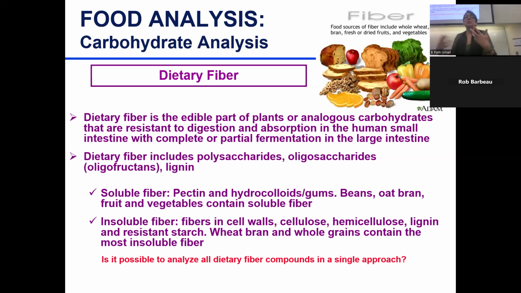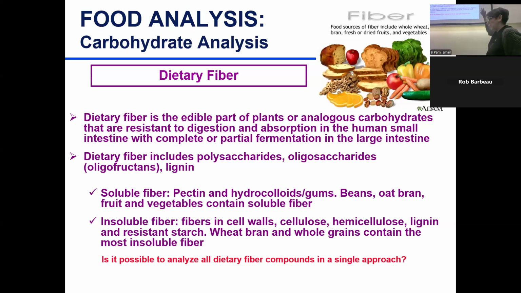Because of that, we need to not only determine total dietary fiber, we need to know how much of that total dietary fiber is soluble versus insoluble. They have different physiological benefits. So oftentimes we determine soluble, insoluble, and total dietary fiber. The soluble are mostly your pectin and the hydrocolloids and gums.